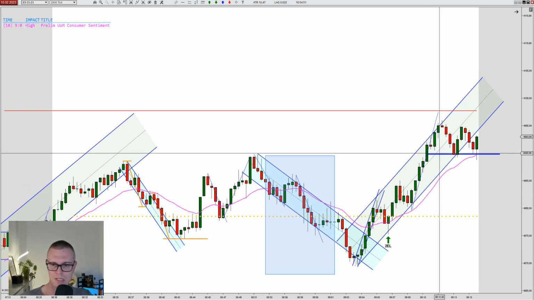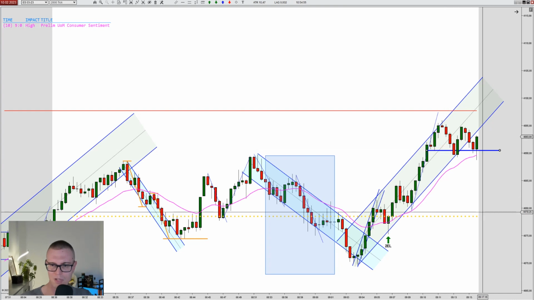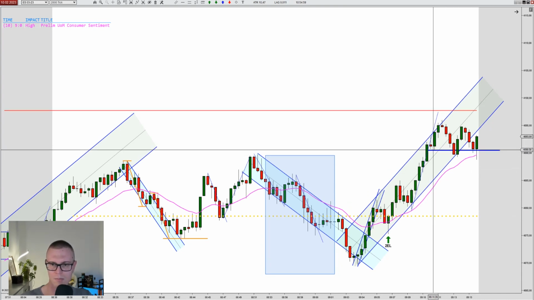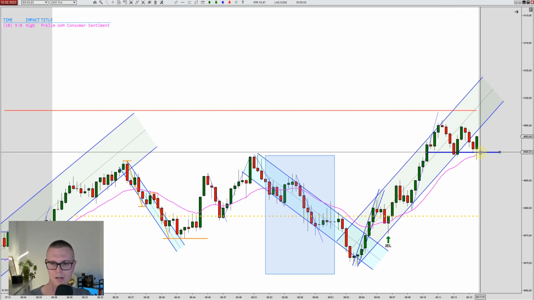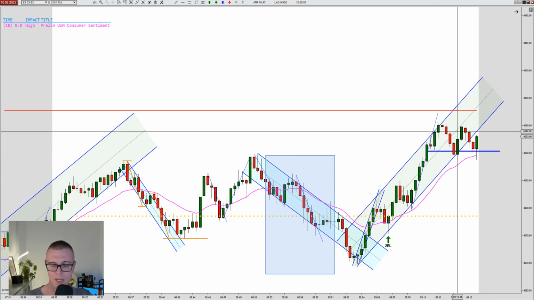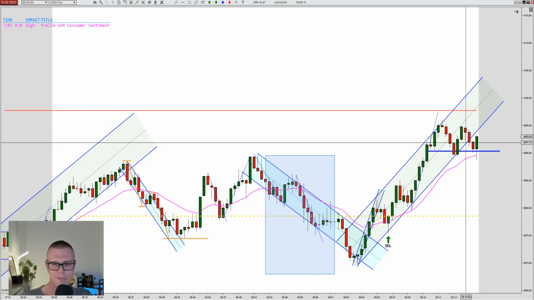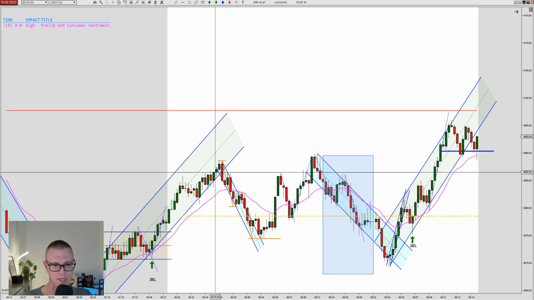And also see this little support coming up here. You can see this level was tested here, another time here, and now another time here. Depends on how you draw it. And we have another second entry long here, potentially a first break of this uptrend structure, and the same as what we saw here.